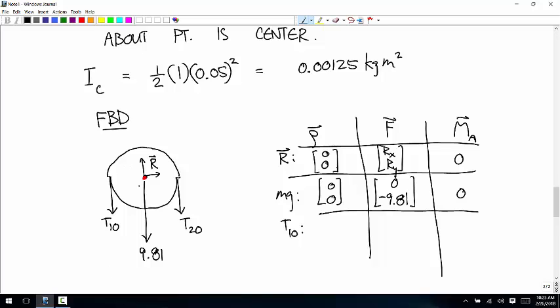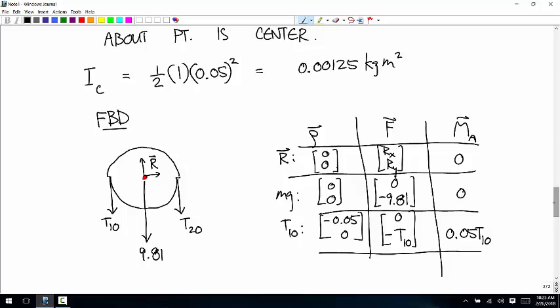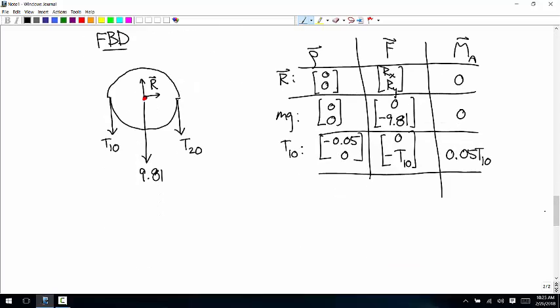So the rho vector for that, in the negative x direction, is negative 0.05, 0, 0. The force vector is in the negative y direction, T10, so 0, negative T10. The cross product is positive 0.05 T10, in the Z direction.